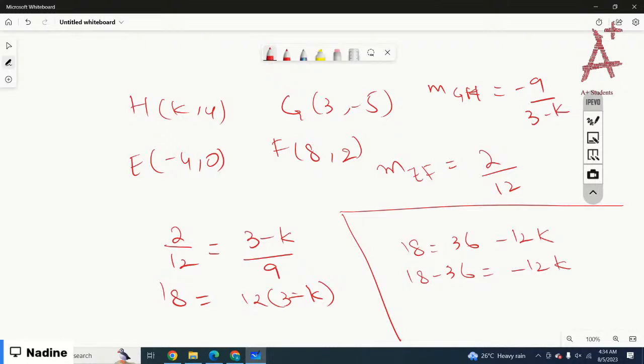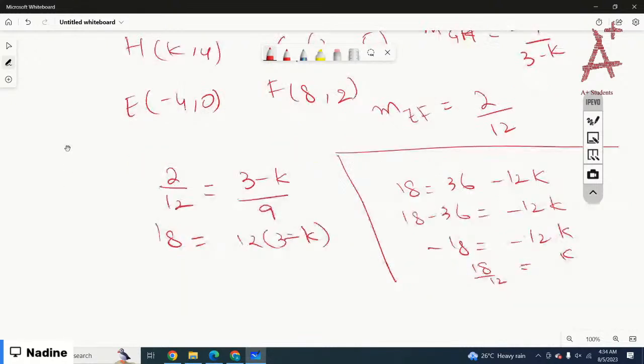So negative 18 equals negative 12K. So K equals 18 over 12, that would be 6 times 3 is 18 and 6 times 2 is 12. So K equals 3 over 2, or it is 1.5, right?